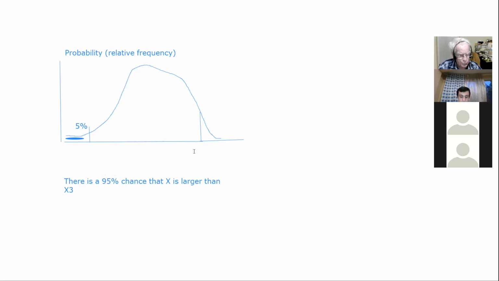So here's x4. And there is, given our assumptions, a chance of only 5% that x will be higher than x4.